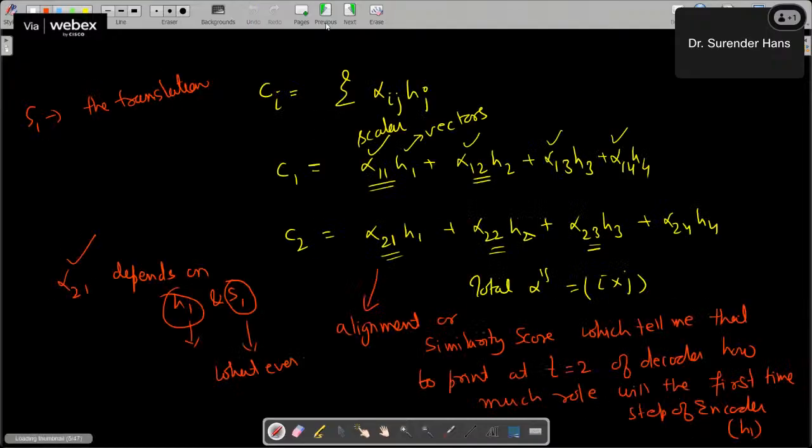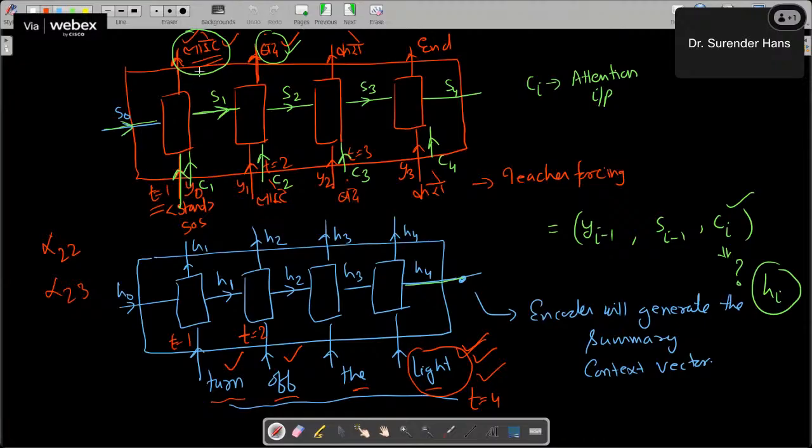How much role will H1 play to print this word, how much the H2, how much the H3, how much the H4?